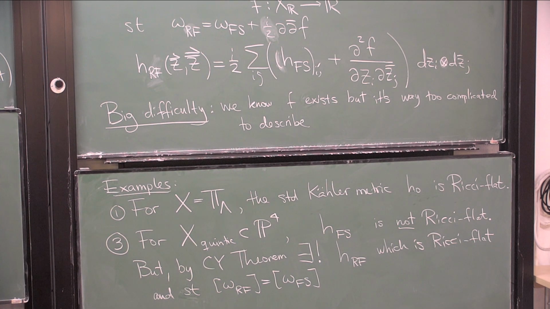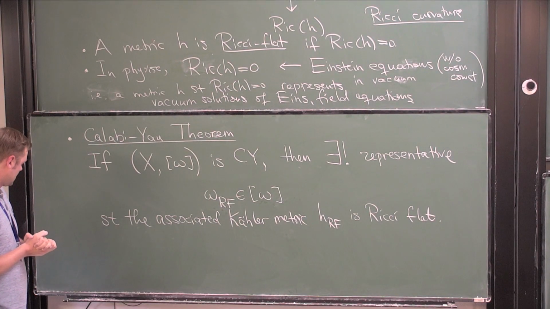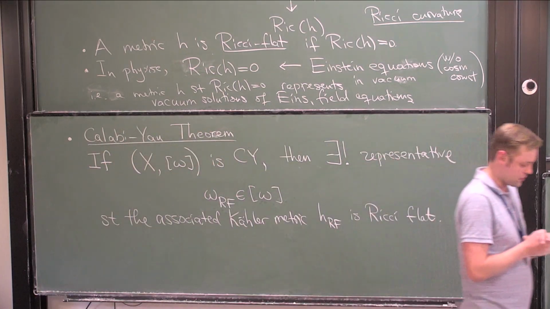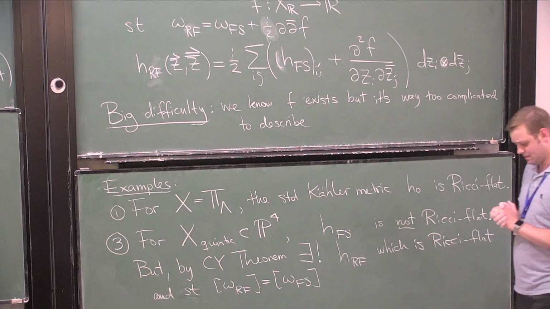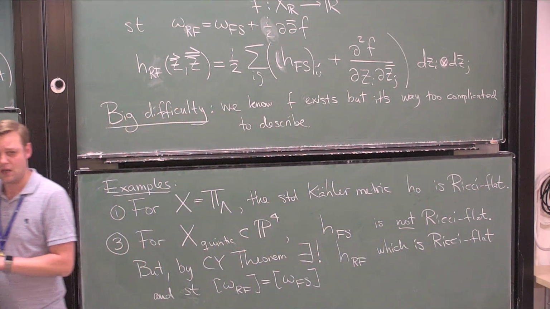Are all the assumptions in the Calabi-Yau theorem necessary? So you can't find the Ricci flat metric on projective space, for example? That's correct. So the answer is yes. For instance, the reason you can't find the Ricci flat metric on Pn obviously has to do with the fact that the canonical bundle of Pn is not trivial.